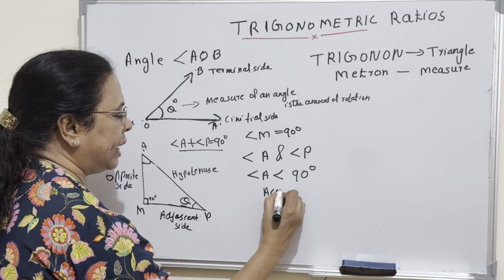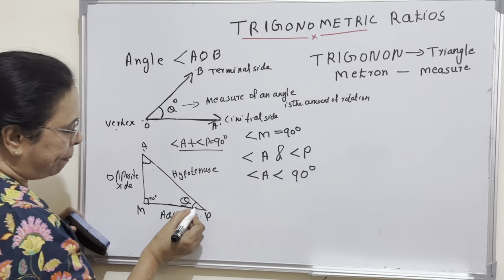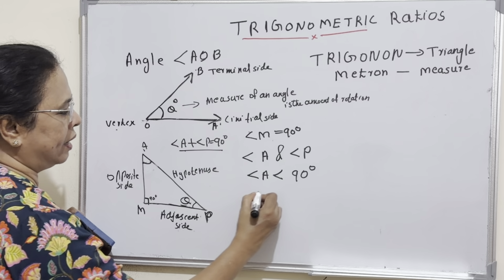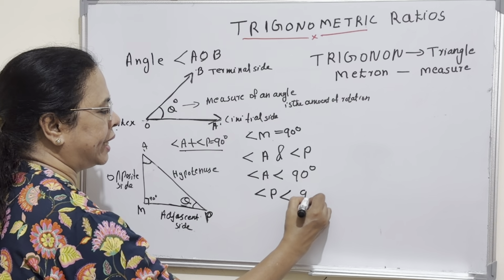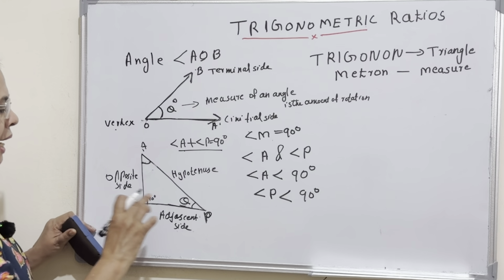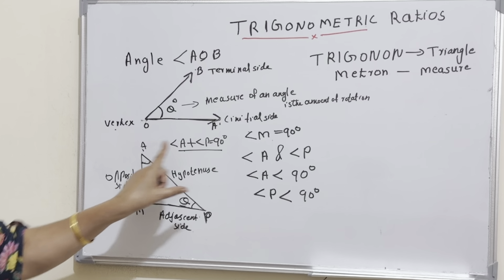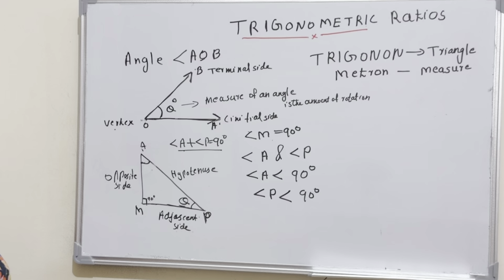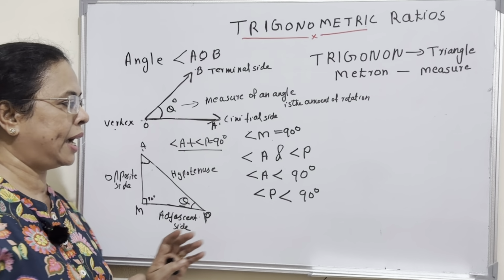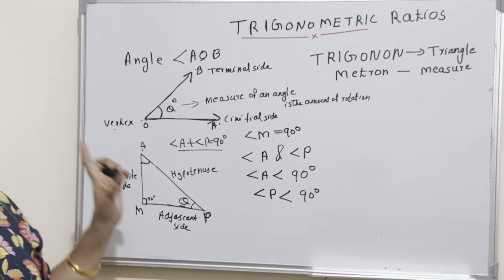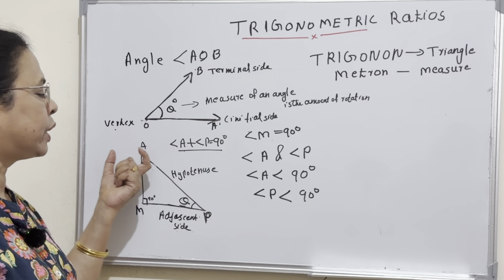So, angle A is an acute angle as well as angle P. The value of angle P of course should be less than 90 degrees. Because this is a right angled triangle, one of the angles is 90 degrees, and the other two sum to only 90. So, each one will be less than 90. Less than 90 angles, we call them what? Acute angles. Okay. So, in trigonometric ratios, we are considering only these acute angles.